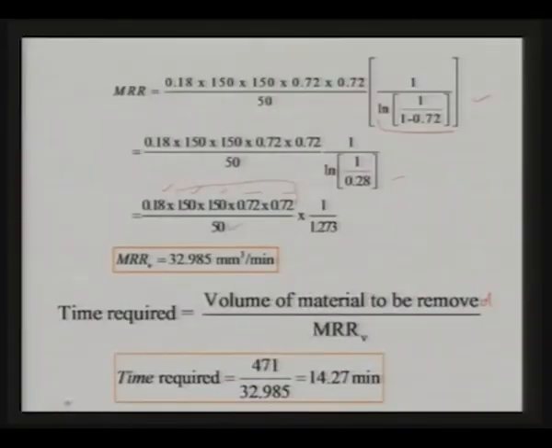So, you will get time required as 14.27 minute, because 471 is the one which was calculated earlier as the volume of material to be removed, and 32.985 is what we have calculated as volumetric material removal rate. So, you get 14.27 minute as the time required for drilling the hole.